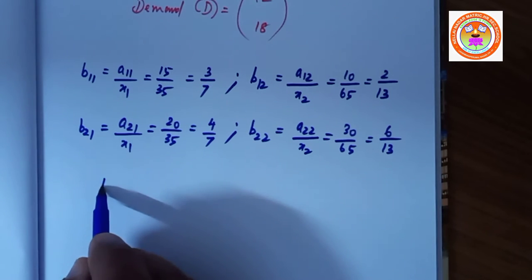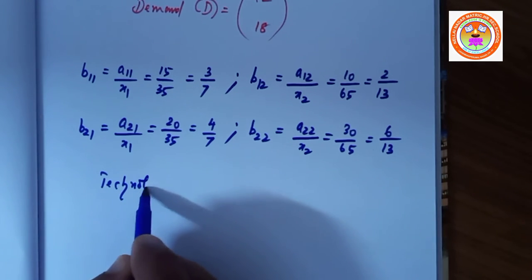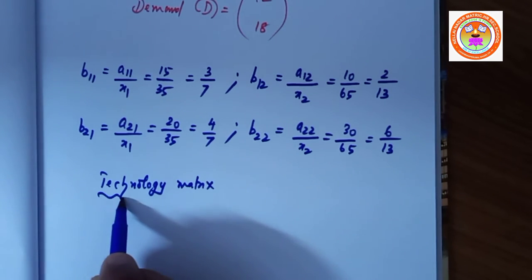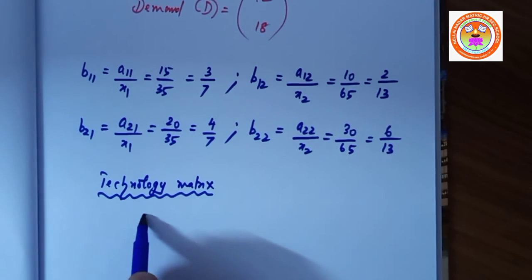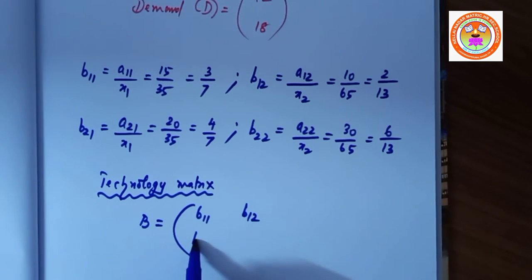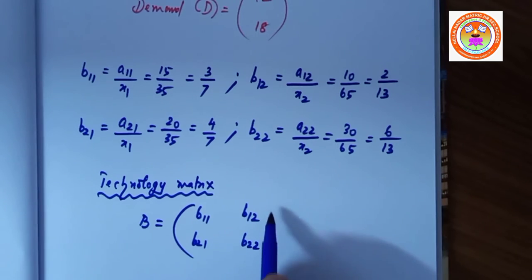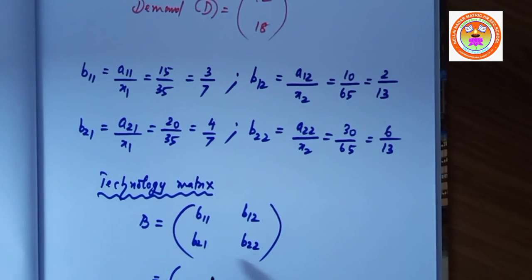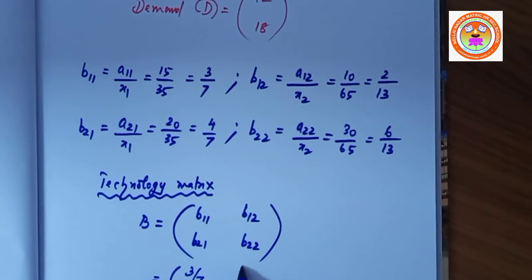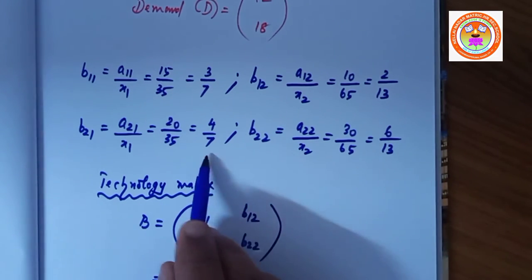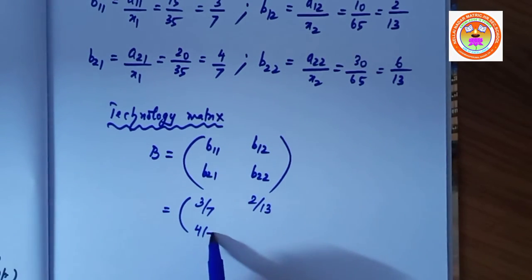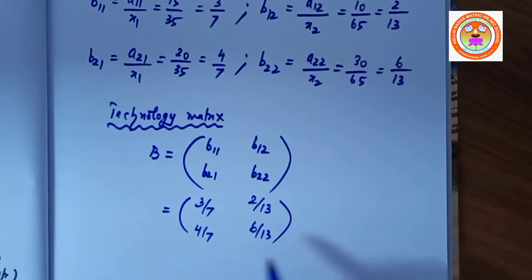Then you have to write the technology matrix. The technology matrix is represented by the capital letter B, equal to B11, B12, B21 and B22. That is equal to 3 by 7, 2 by 13, 4 by 7, 6 by 13.